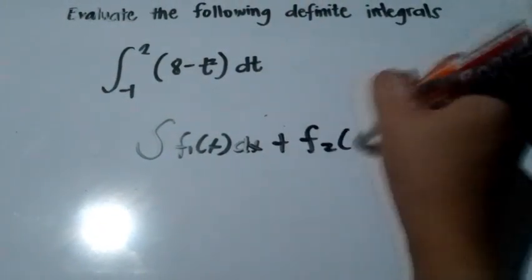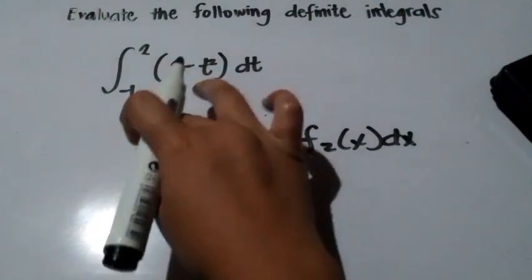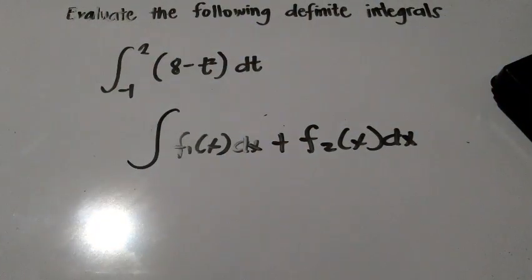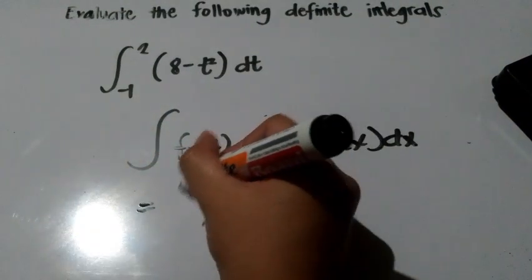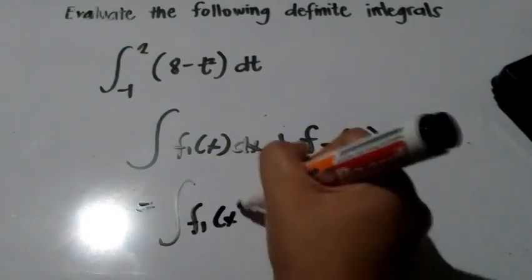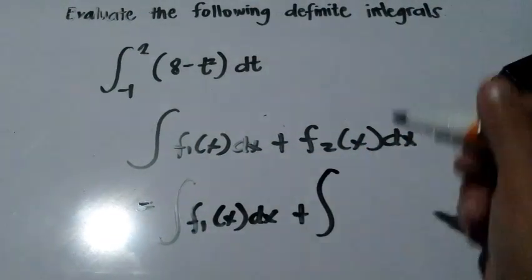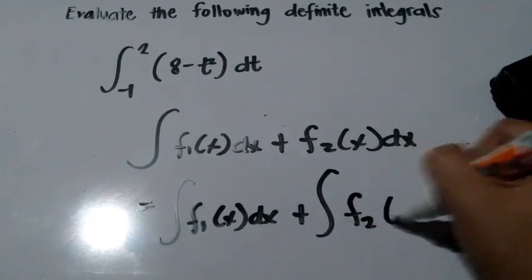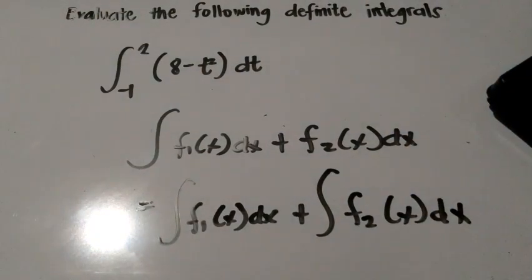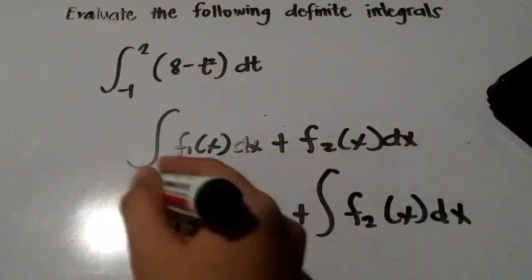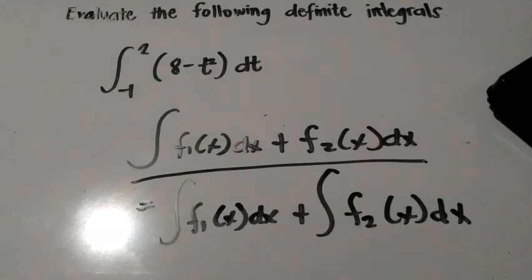If we encounter this, we can rewrite it like this: the integral of f1 of x dx plus the integral of f2 of x dx. We use this in both indefinite and definite integrals.